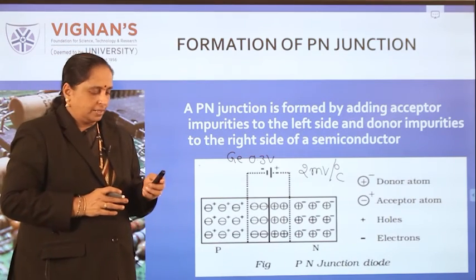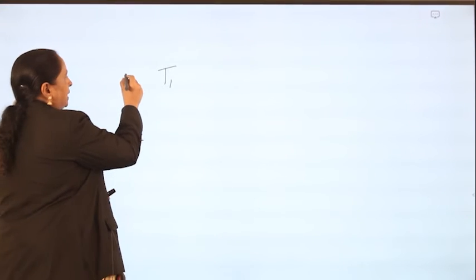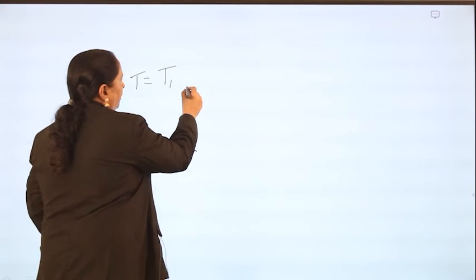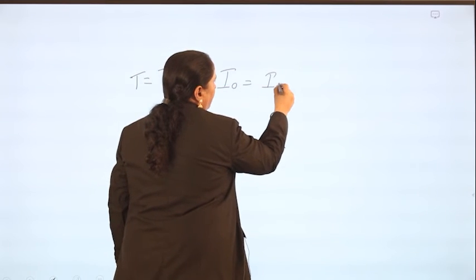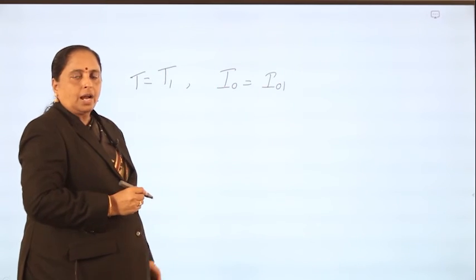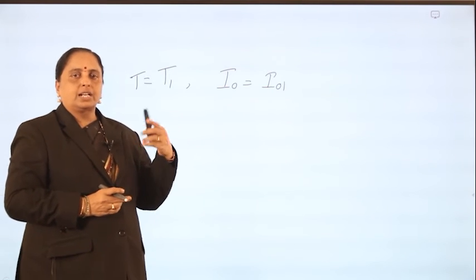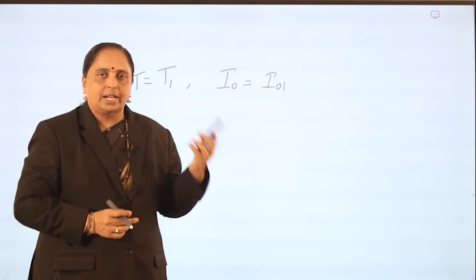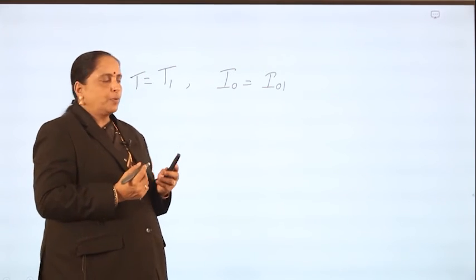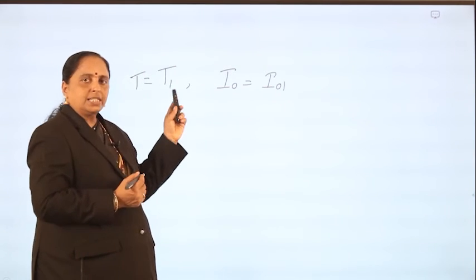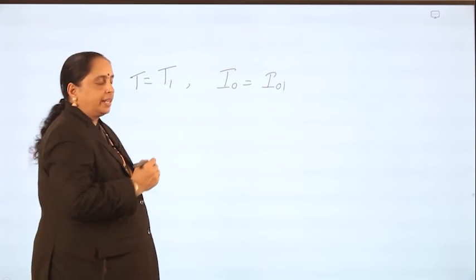Now, at temperature T equal to T1, let us assume that the leakage current is I01. Just now we discussed that as the temperature increases, the leakage current will also increase. If for every 10 degrees rise of temperature the leakage current doubles, let us find out, suppose the temperature is increasing from T1 to T2. At T1, the reverse saturation current is I01.